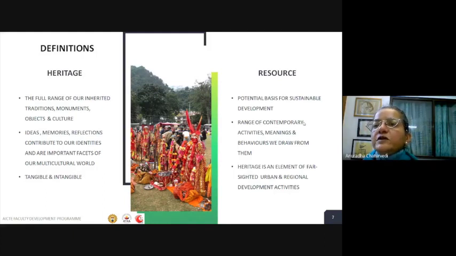Heritage can be both tangible and intangible, and as a resource, it is an element of far-sighted urban and regional developmental activities. As you can see from the image here of the Chamba festival ground, the space of the festival ground, the kind of rituals which are being practiced there, the landscape within which this entire activity and process is taking place, it is a mix of both tangible and intangible.